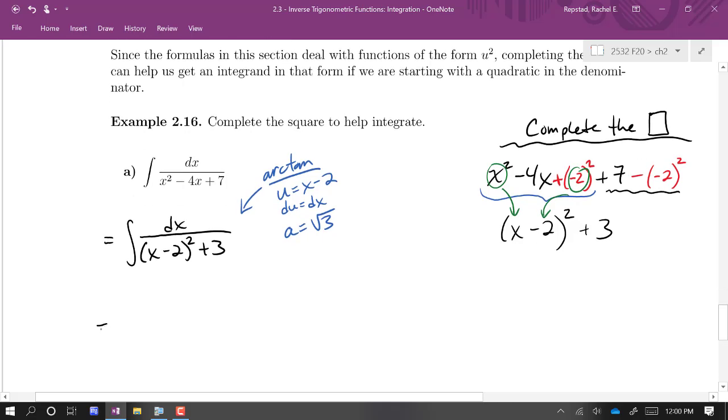And so integrating this, there's no constant factors we need to throw in to correct for anything. It fits really well. So it's going to be 1 over root 3 arctan of x minus 2 over root 3 plus a constant.